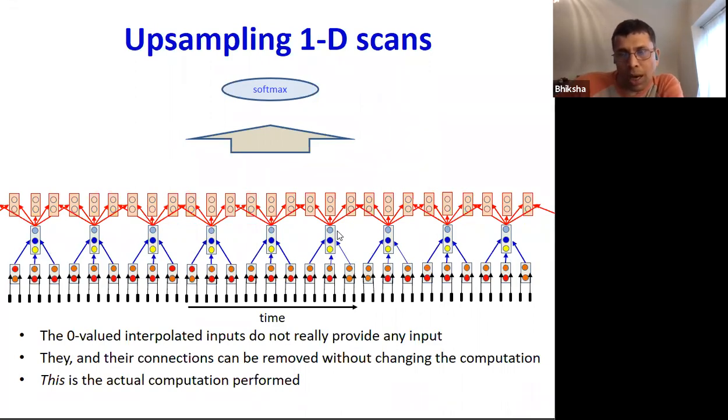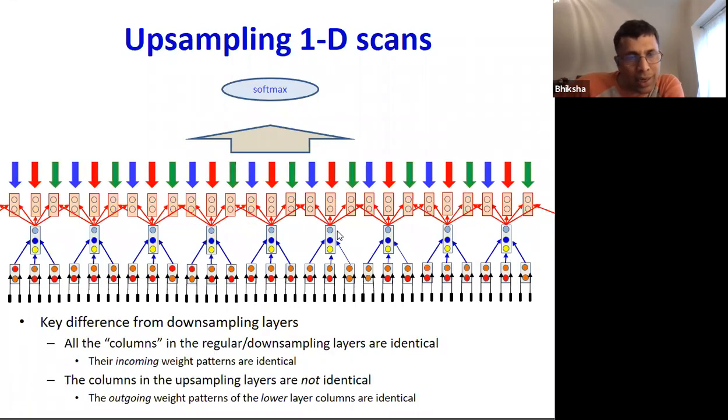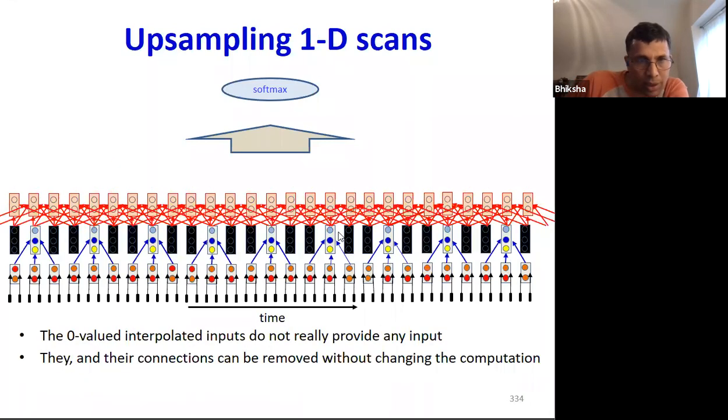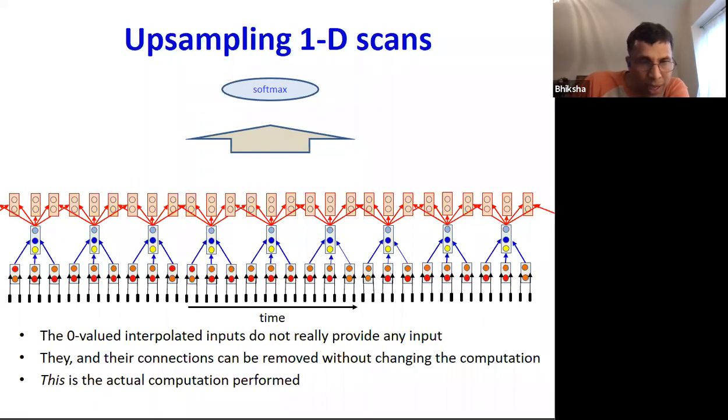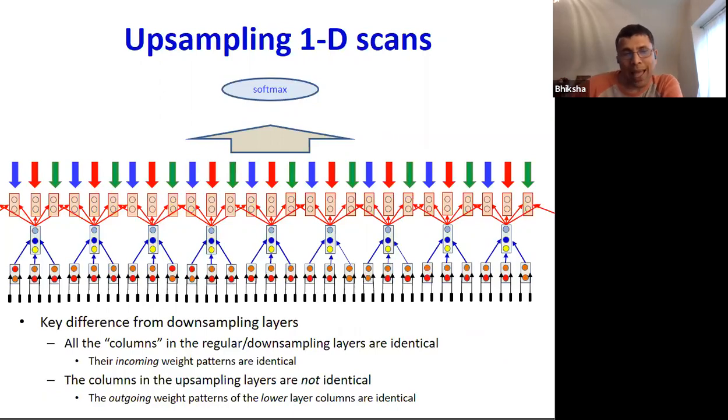So now, regardless of whether you explicitly introduce zeros or just pretend they are zeros and only perform the minimal computation, which is the computation you'd have over here, something happens.